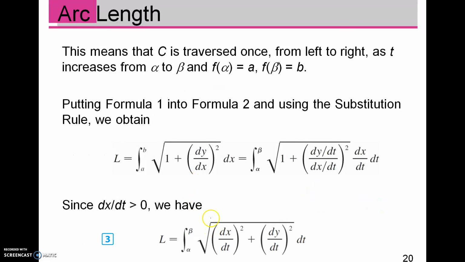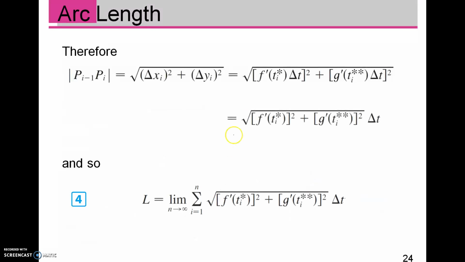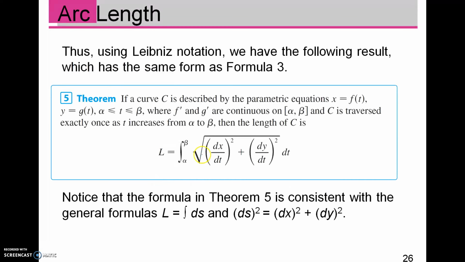We end up with theorem 3 here, which tells us that even if you can't express it as a function of x, we still get our length. So this is the length of your parametric curve: the integral from alpha to beta of the square root of dx dt squared plus dy dt squared dt.